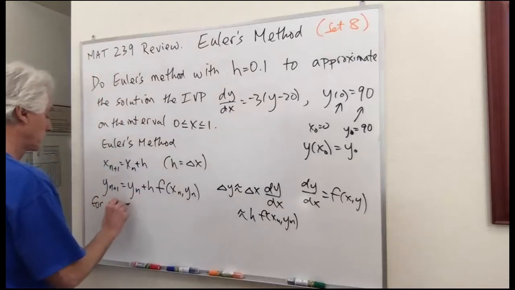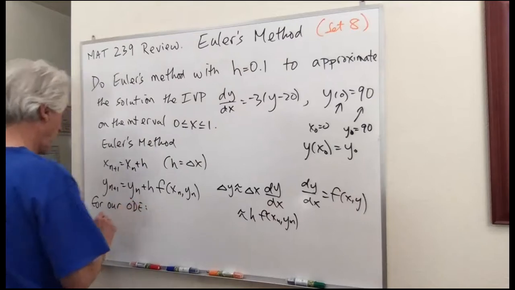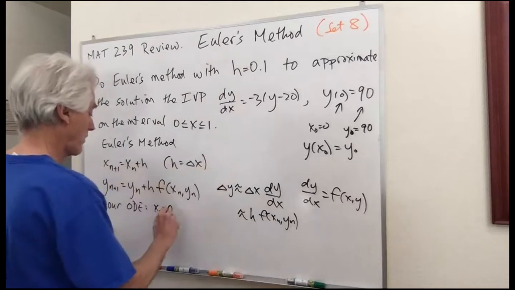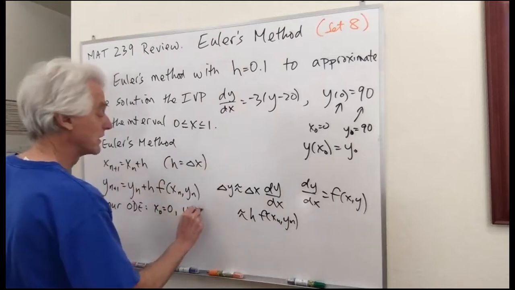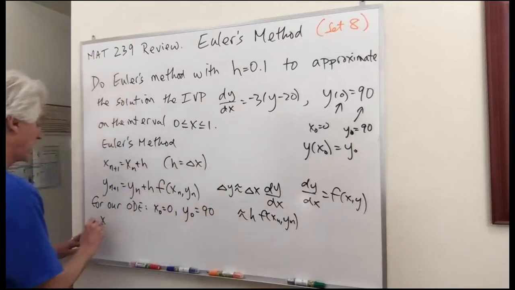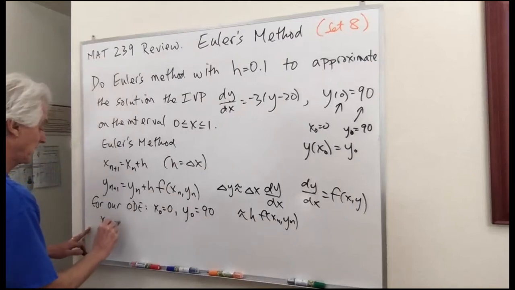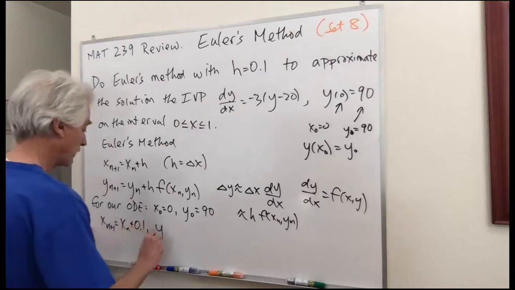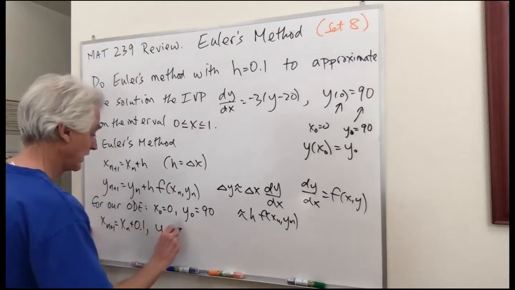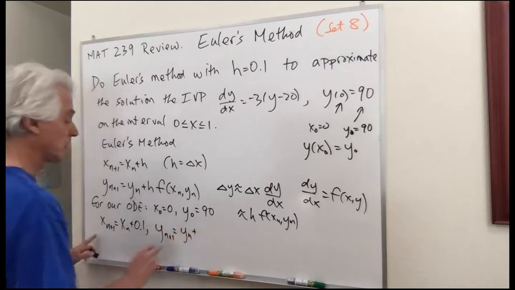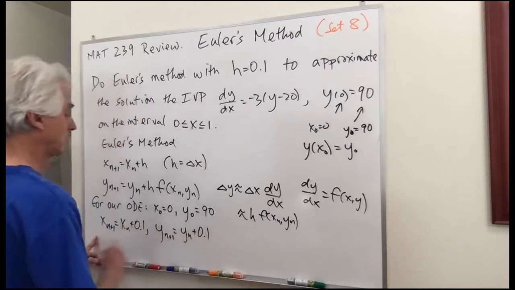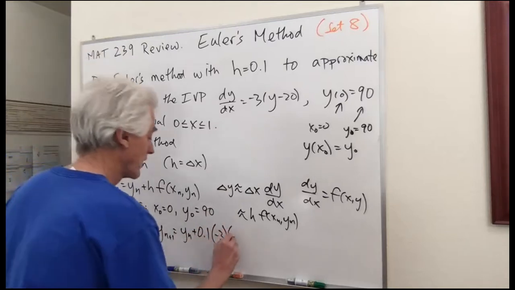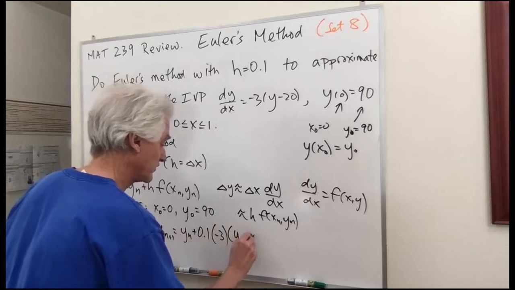For our ODE, we have x naught is 0, y naught is 90, x(n+1) is xn plus 0.1, and y(n+1) is yn plus 0.1 times negative 3 times (yn minus 20).